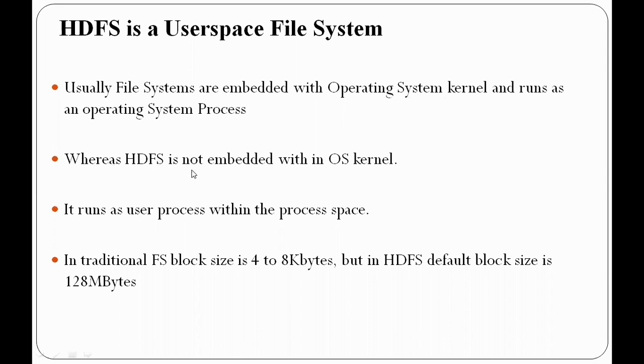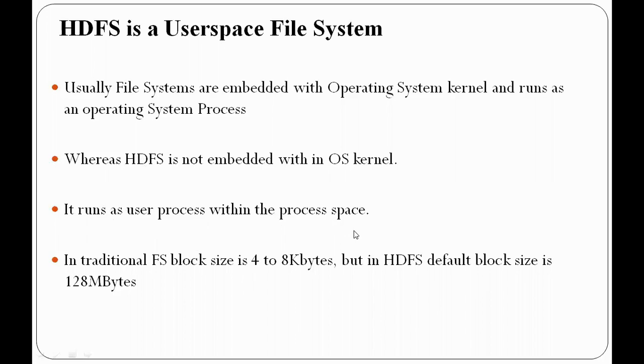But HDFS is not embedded with operating system kernel. Suppose I want to handle with a large amount of data, or I want to store huge amount of data in some system or servers. In such case, I can make use of this HDFS by installing the software. So this HDFS, it runs as user process within the user space.